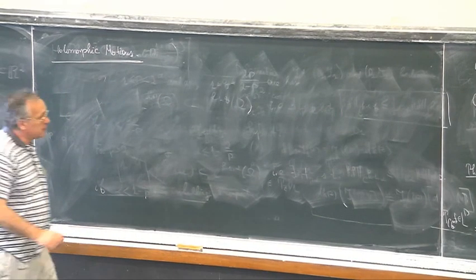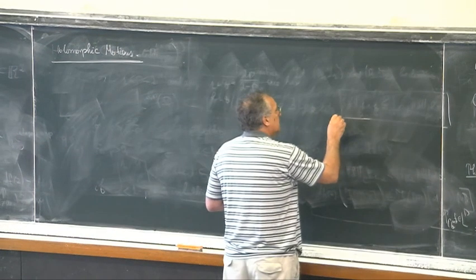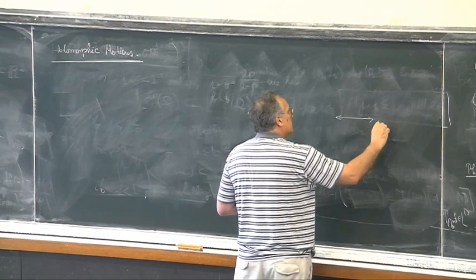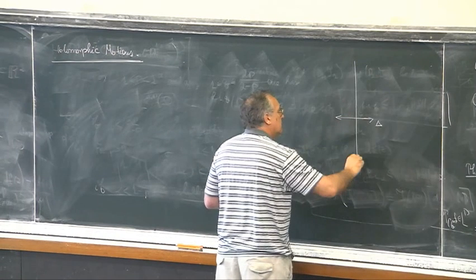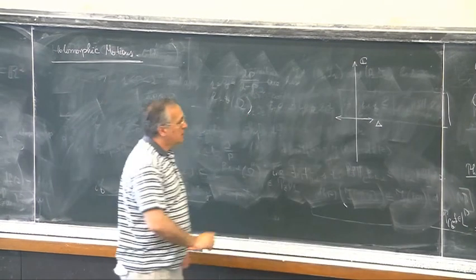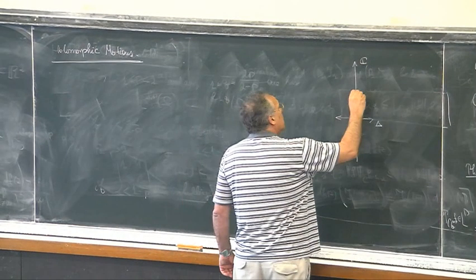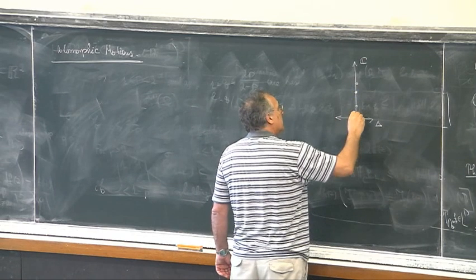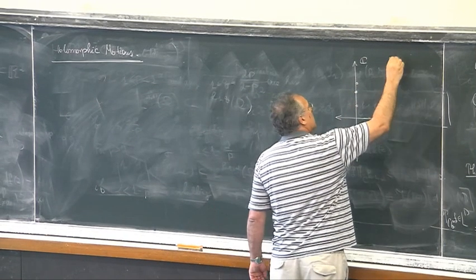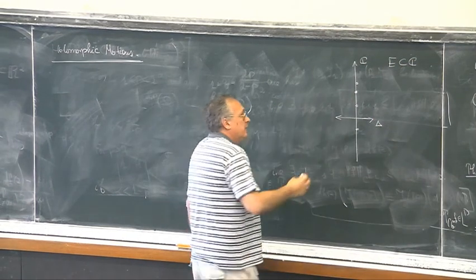Let me make a picture. Let this be a unit disk in C, and this is C. And take a finite set E in C.